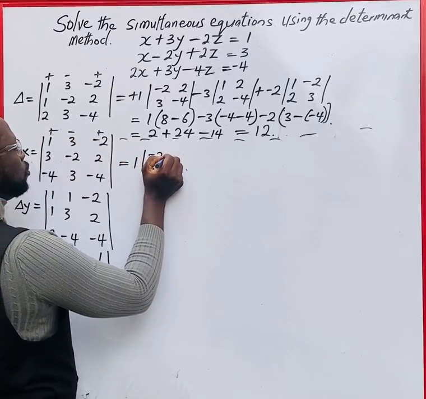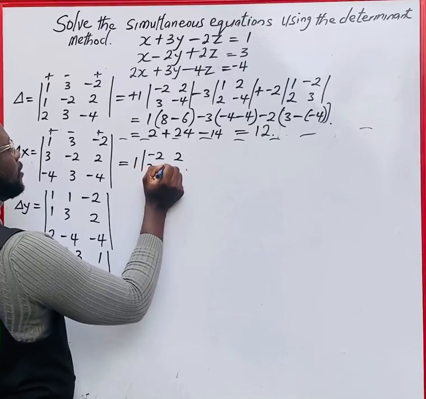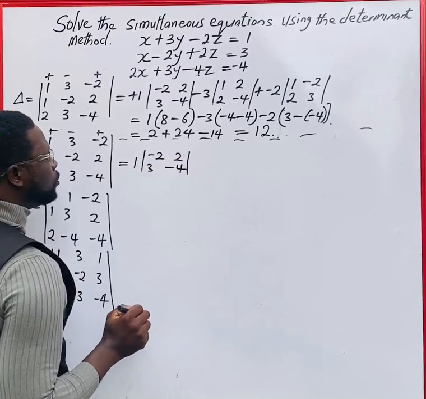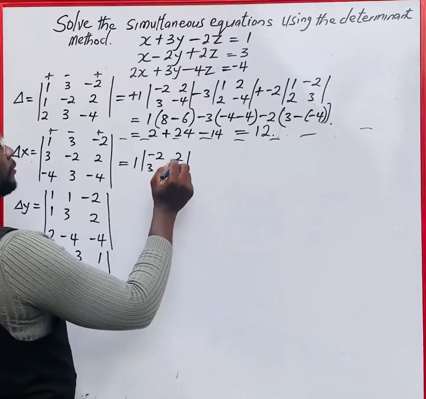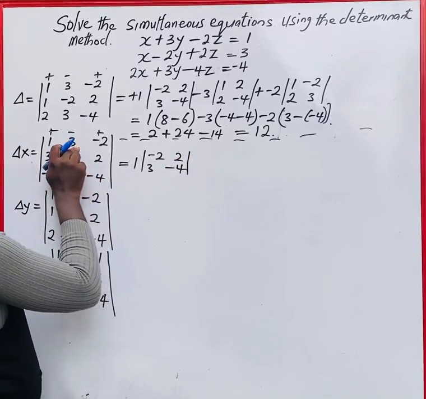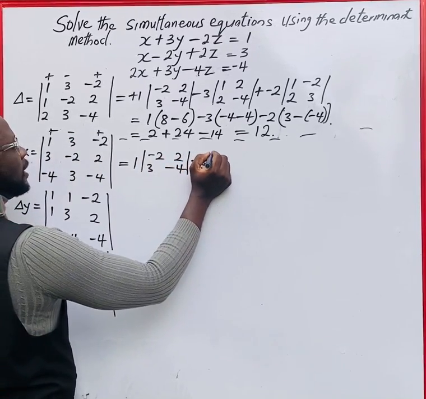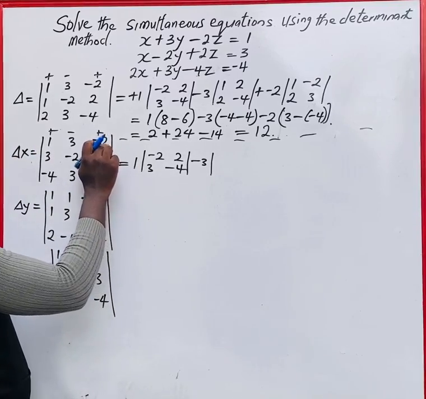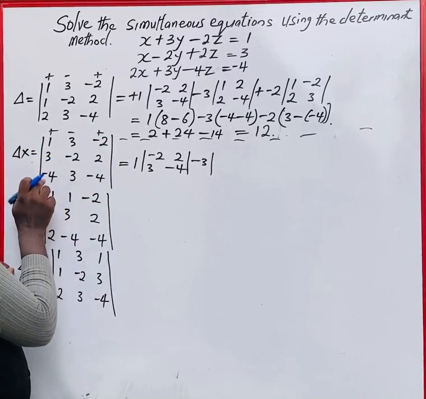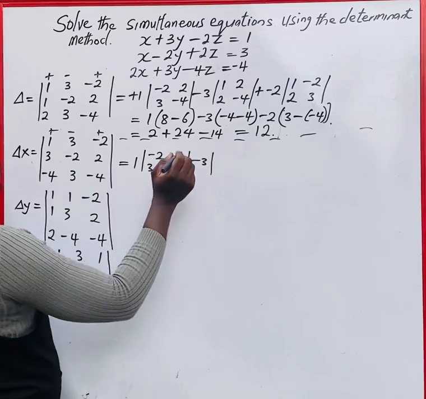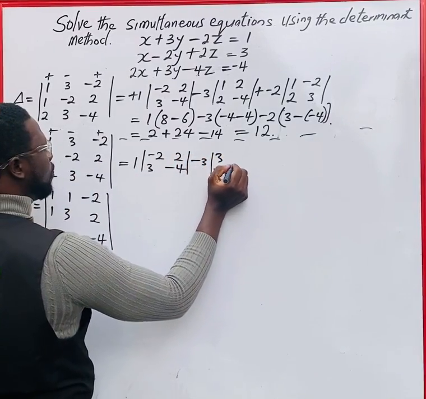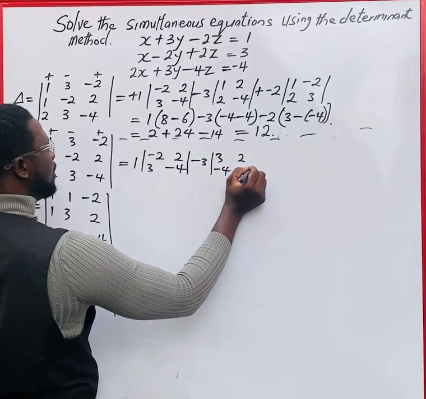You have minus 2, 2, 3, minus 4. The next one will be minus 3. Close the first row and the second column. So I have 3, minus 4, 2, minus 4.